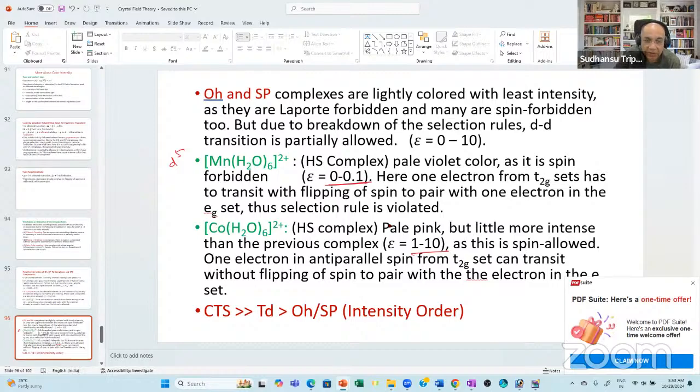But here it is d7, and that is also high spin. Cobalt 2+ is not strong, and water is an intermediate field ligand. So this will be Hund, Hund, Hund, Hund, Hund, then Pauli, Pauli.